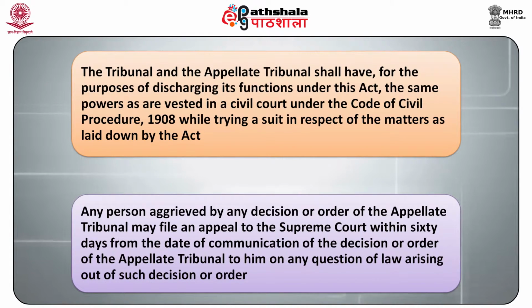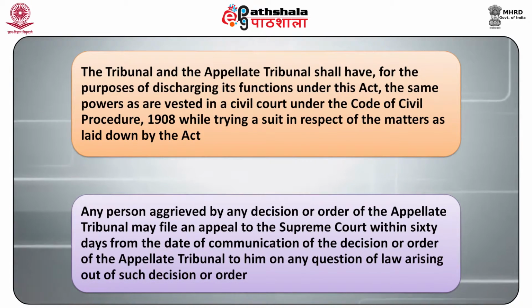The Tribunal and the Appellate Tribunal shall not be bound by the procedure laid down in the Code of Civil Procedure 1908, but shall be guided by the principles of natural justice. They shall have, for the purposes of discharging their functions under this Act, the same powers as are vested in a civil court under the Code of Civil Procedure 1908 while trying a suit in respect of the matters as laid down by the Act.